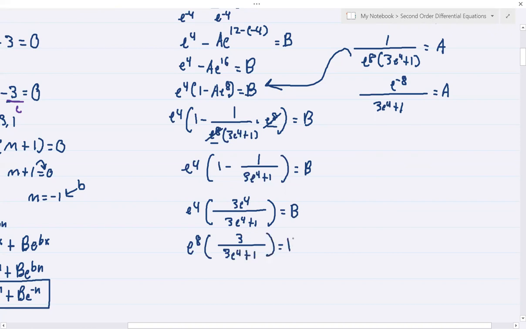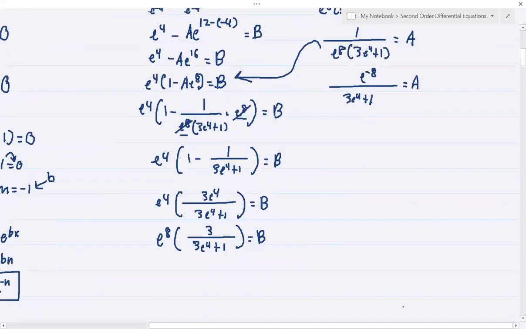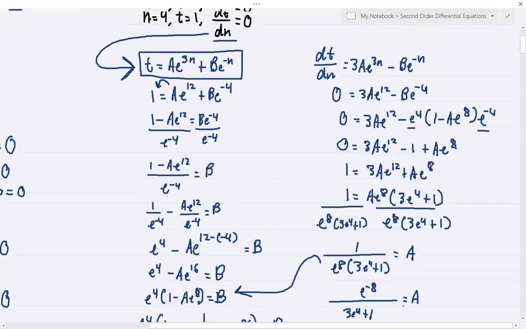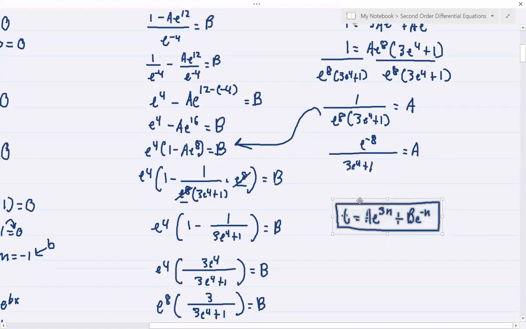That is your b. So therefore, now that you have found your a and your b, we can now substitute it in your general solution. So remember that your general solution, let me put it here. There you go, is this one.